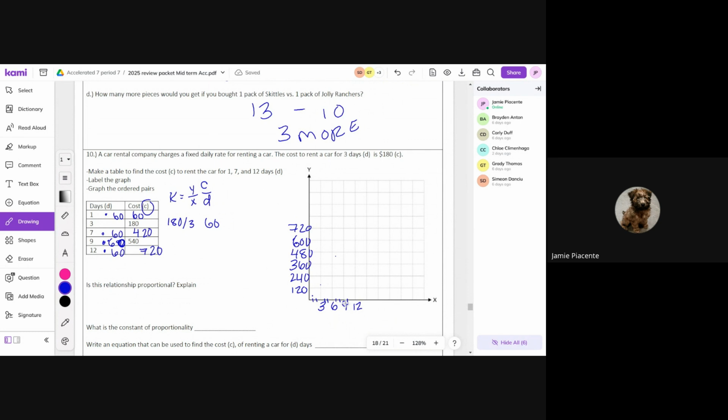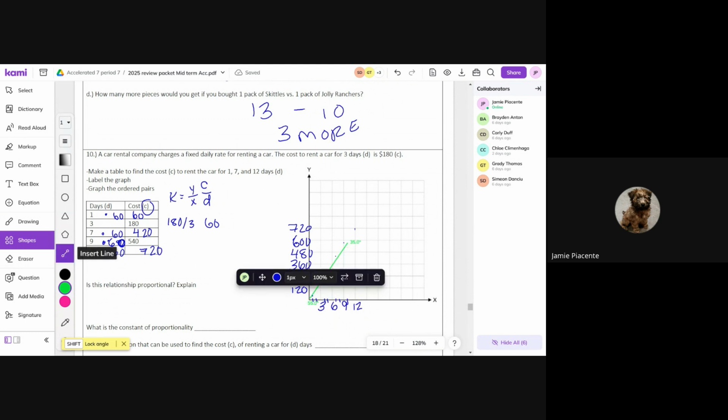Then 9, 540. It's probably pretty close here. And then 12, 720 right here. Whoops, up a little higher. And then we're going to draw a line. Does this let us draw a line? Oh, it does.